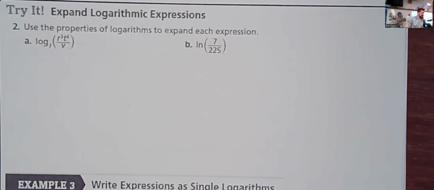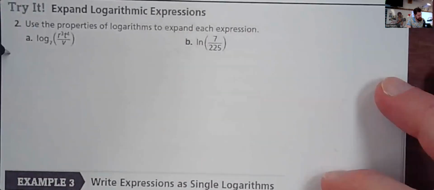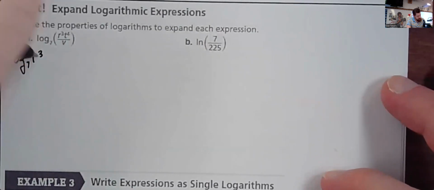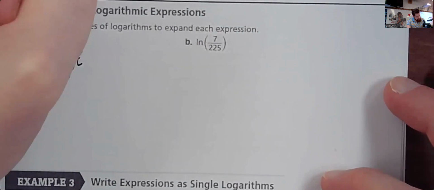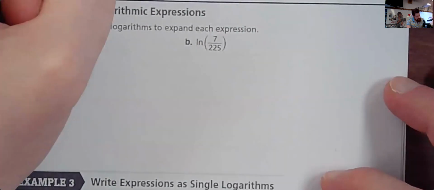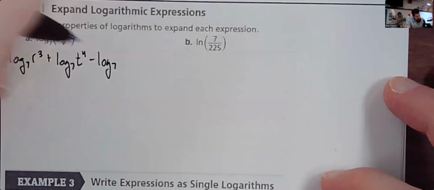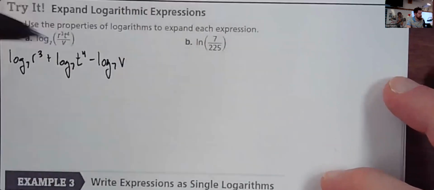Both of them are going to be used on this one because I see product property on the numerator and then I see quotient property from the division. So let's separate this all out. We're going to get log base 7 of r cubed plus log base 7 of t to the 4th minus log base 7 of v.